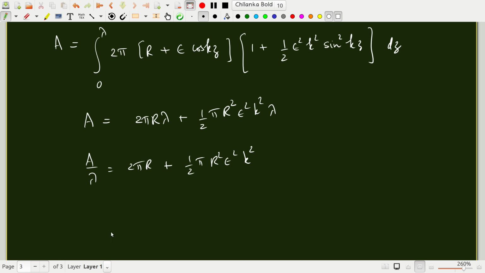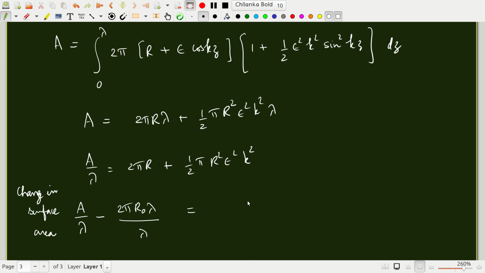Now what we need to do is calculate A by lambda, this is the changed or deformed area, minus 2 pi r naught lambda by lambda. That is, this is the change in surface area.